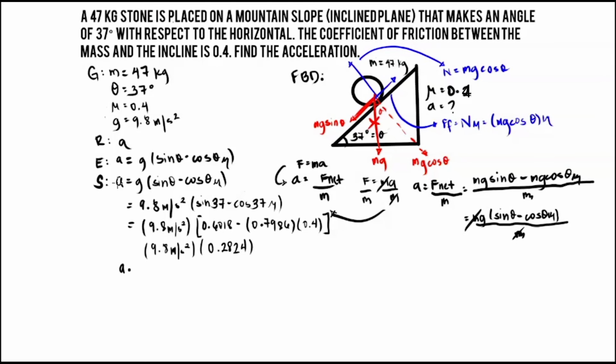Okay. With that being said, our acceleration is equal to 2.7675 meters per second squared. That's four decimal places, so we're gonna round it off to 2 decimal places. So our final answer is acceleration is equal to 2.77 meters per second squared.